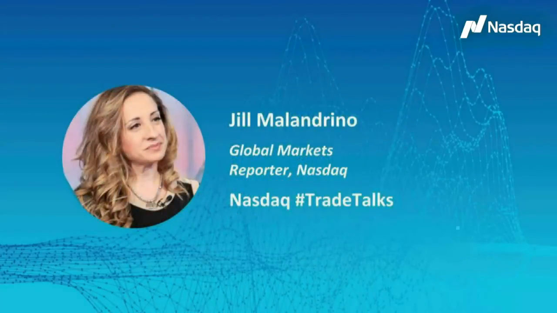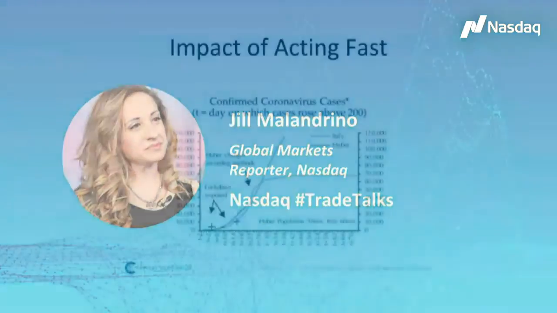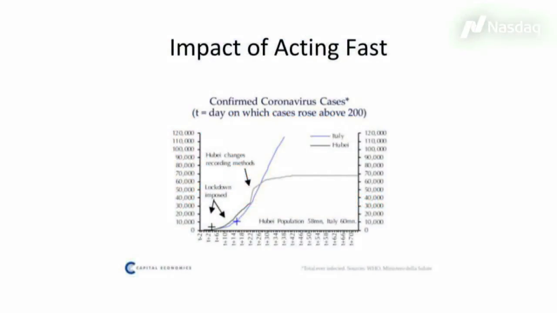Moving along to our next slide here, the impact of acting fast. That could be one positive spin to this if we can get this under control. Yeah, and I think that's a key point. When you look at the power of exponential growth, we should all know this, we're in the financial markets, the power of compounding if you start saving younger really does help you to get savings by the end of your life.